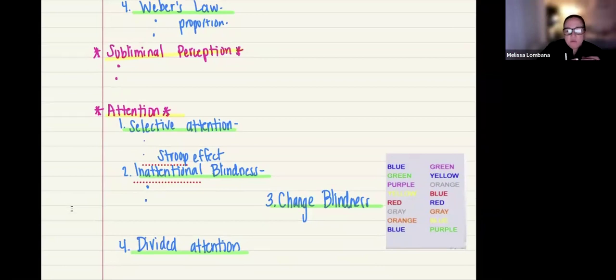This is when we're focusing on one specific aspect of something and ignoring the rest. So this is when, let's say, you're watching a movie on your phone and you're oblivious to everything going on, even if somebody is calling your name.